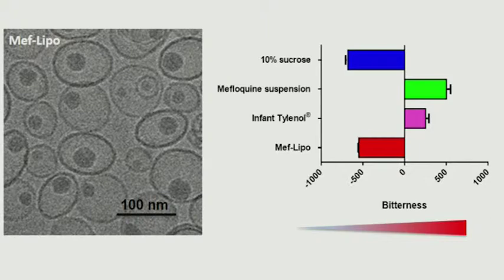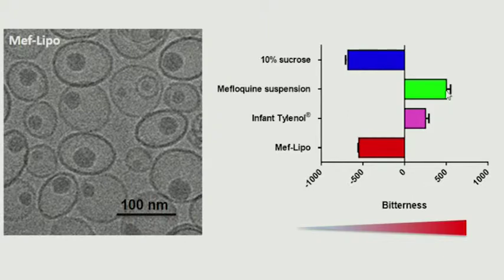It's a needle that you stick into the solution of the formulation and then measure the bitterness. So if you see the number going to the right, positive, that means the formulation is very bitter. But if you see negative, that means it's maybe sweet. So we have 10% sucrose, the sugar water, is negative. So we know sugar water is sweet.